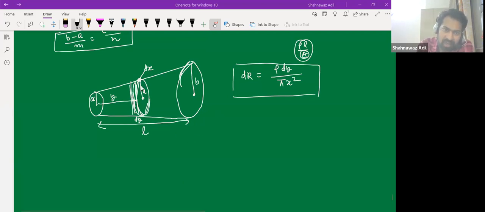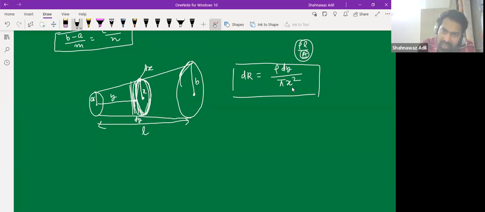So I have taken this circular cross section, which has a very thin length dy. This length is dy, and this circular cross section is pi x square. The length between these strips is dy.